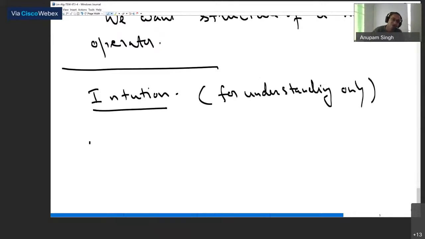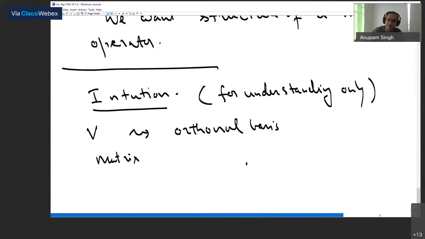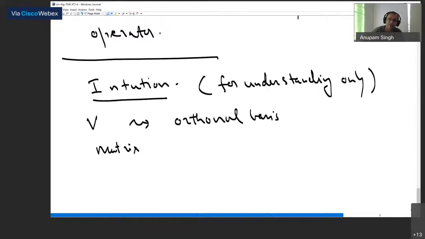Suppose in an inner product space V we have an orthonormal basis. I'm going to think in terms of matrices; that is where my intuition is going to come from. The matrix of the inner product I can think of as the identity, because I fixed an orthonormal basis, so the matrix will be the identity matrix.